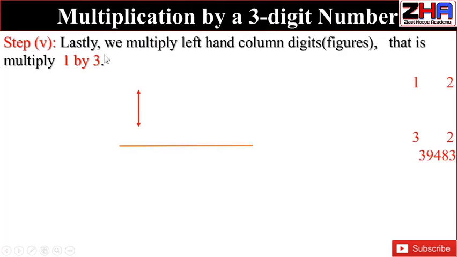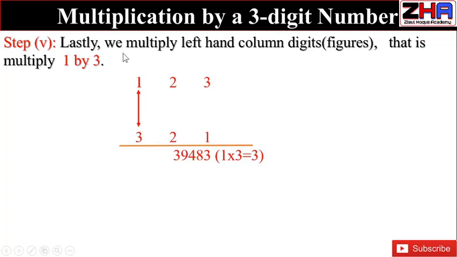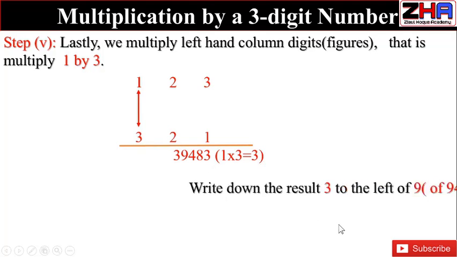Step 5, our last step. Lastly, we multiply the left hand column digits, that is multiply 1 by 3. Here the left hand column digits are 1 and 3. So multiply these two digits together. We have 3 into 1 or 1 into 3 is equal to 3.